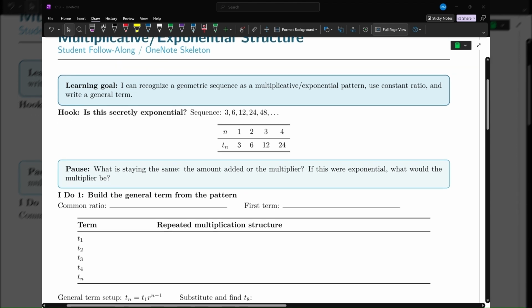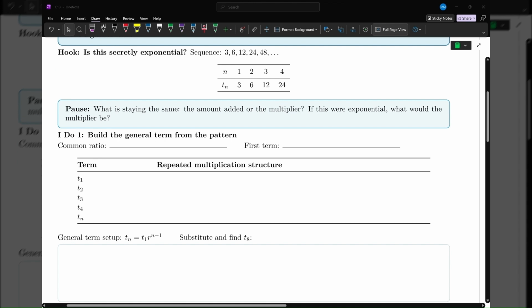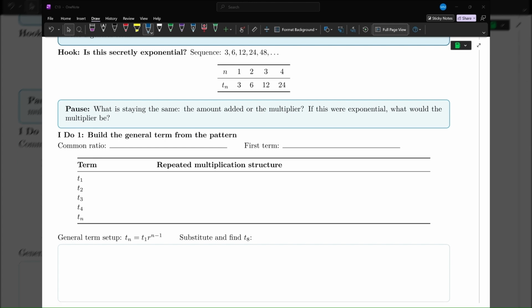Okay, so take a look at this question here. We see pretty quickly it is multiplicative, right? Because if I think it's arithmetic, I'm going to say T2 minus T1 is 3, T3 minus T2 is 6.